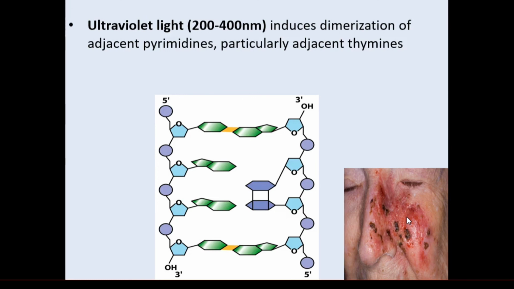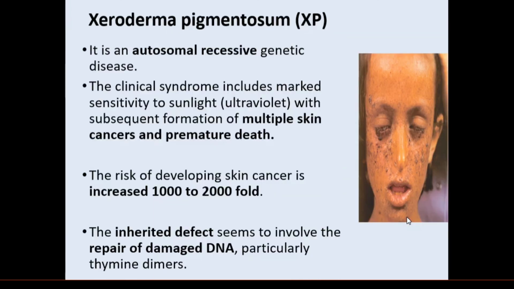Xeroderma Pigmentosum. It is an autosomal recessive genetic disease. The clinical syndrome includes marked sensitivity to sunlight, ultraviolet, with subsequent formation of multiple skin cancers and premature death.